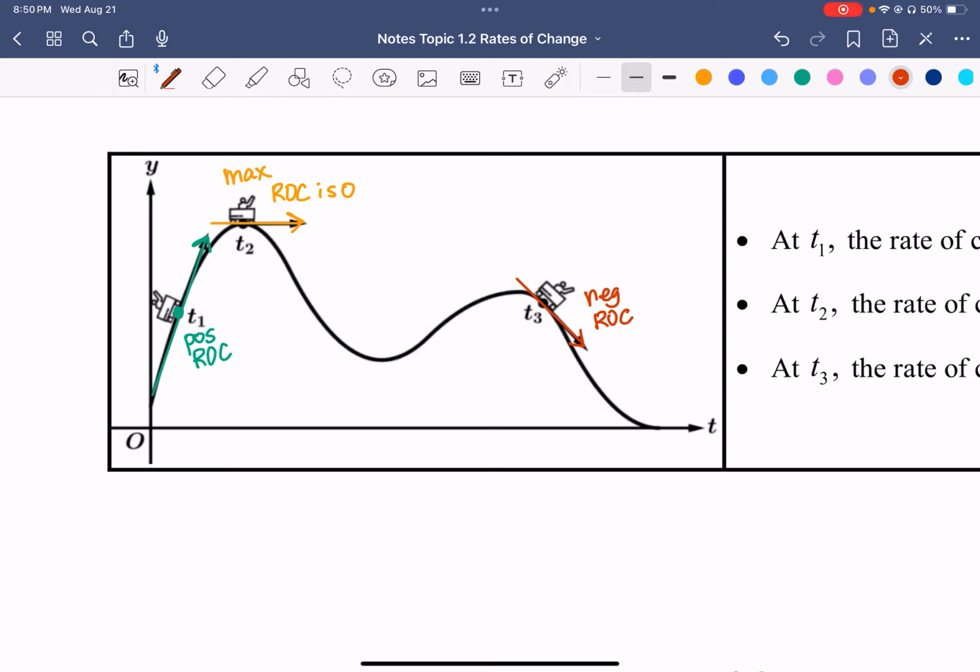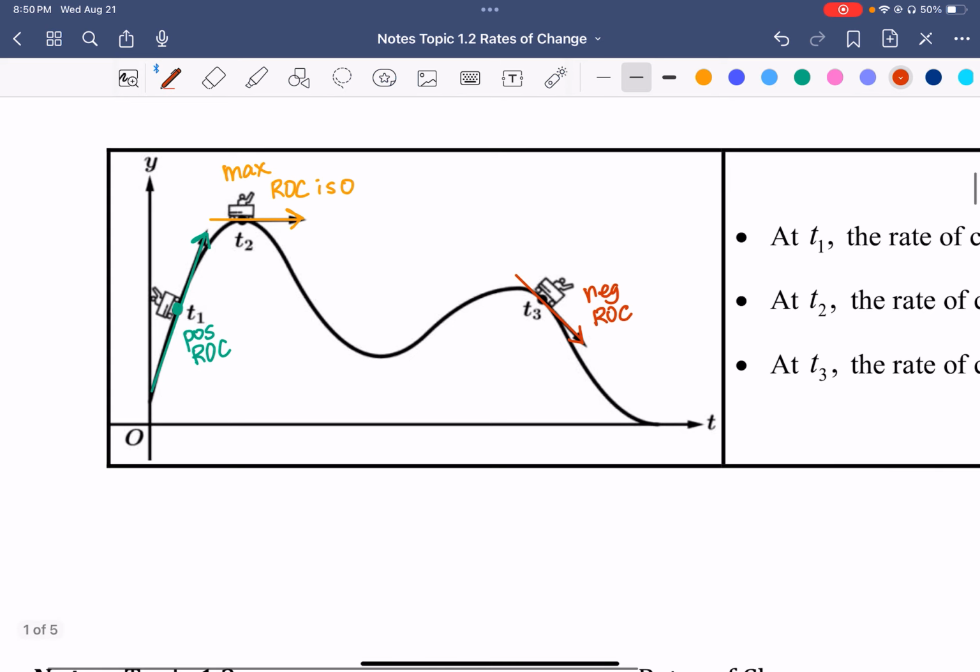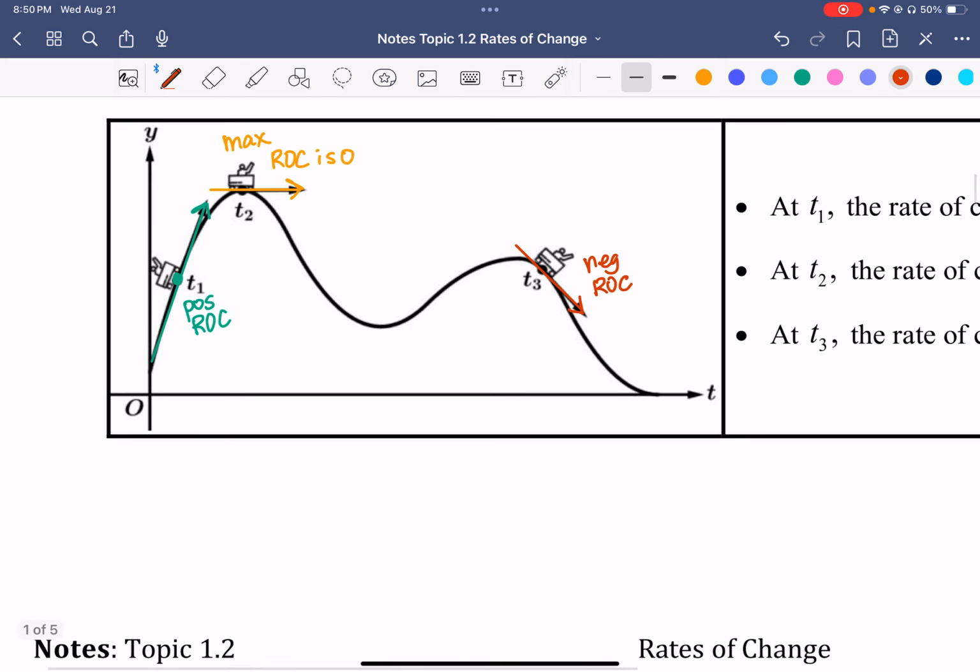Okay, now if you're trying to figure out which rate of change is the smallest or the greatest, you're going to have some questions that ask you to order the rates of change from least to greatest or from greatest to least. Okay, in that case, you would think of a number line, right? Because on a number line, all the way to the left, you have your negative numbers, and all the way to the right, you have your positive numbers, and right in the middle, you have 0.